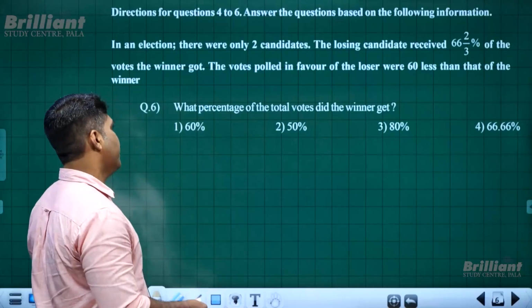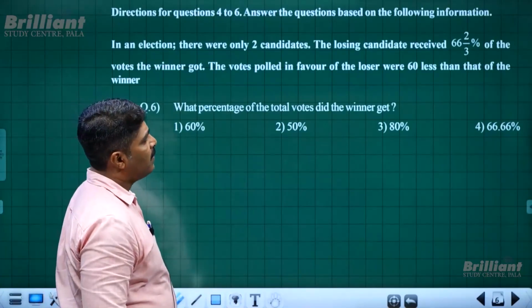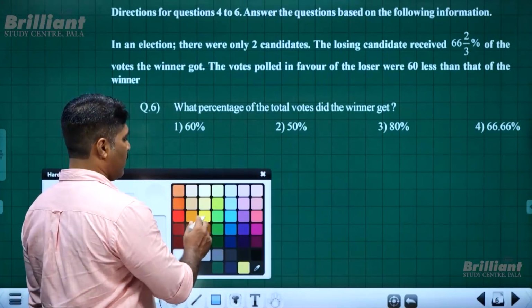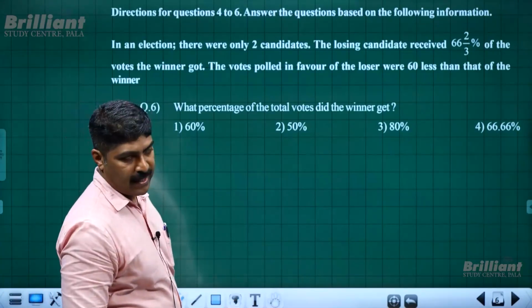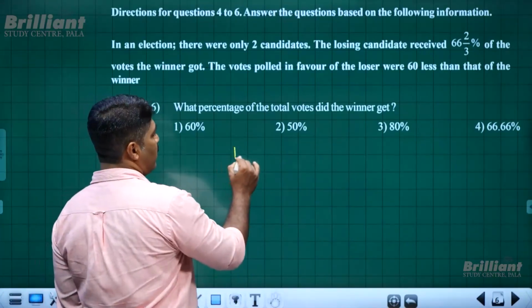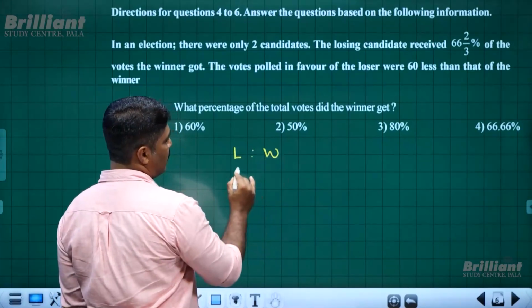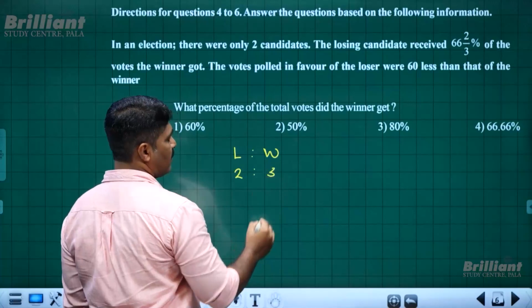Now it's the third question. What percentage of the total votes did the winner get? Another concept here. For getting this idea, we already framed such a relationship between loser and winner. Their vote distribution will be like this.